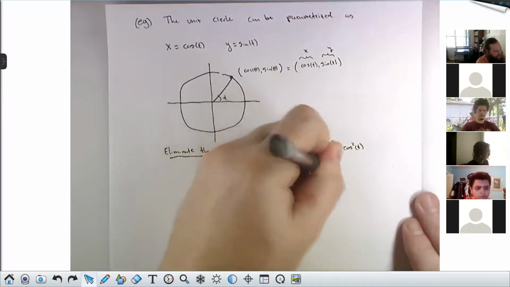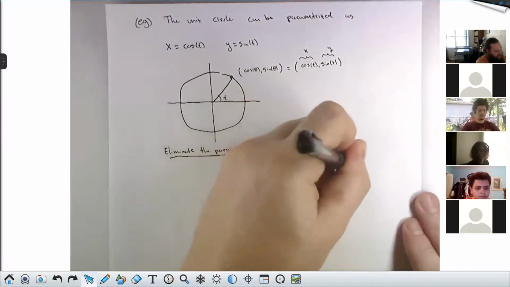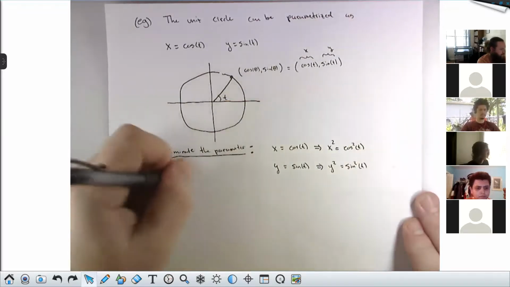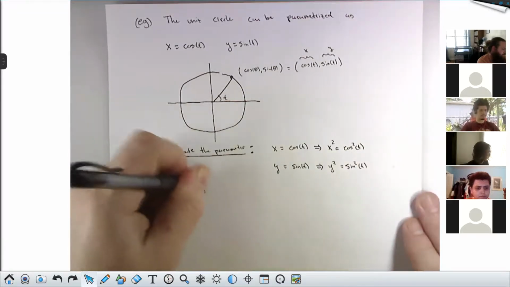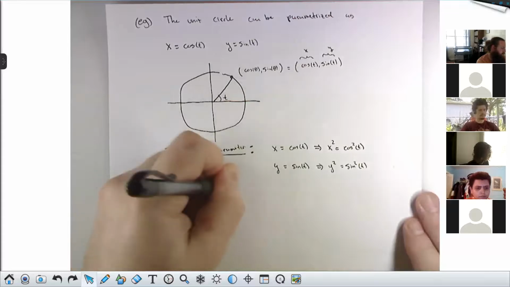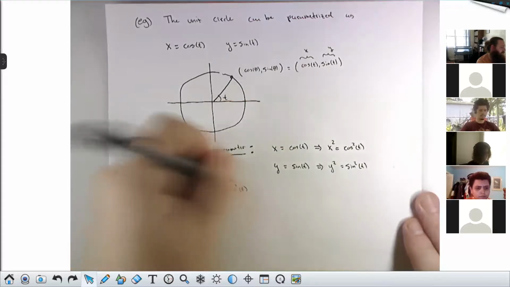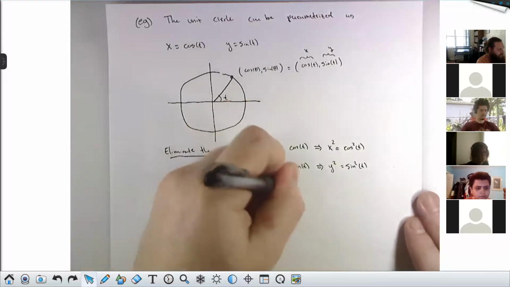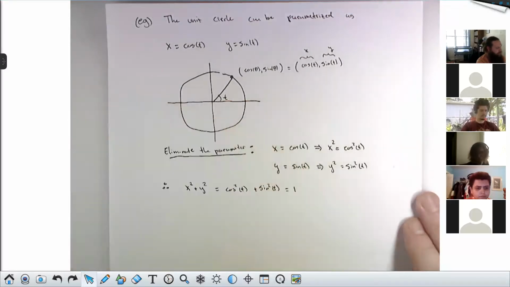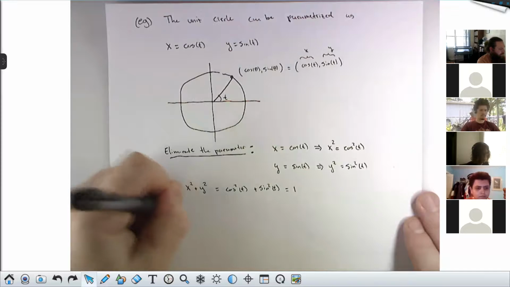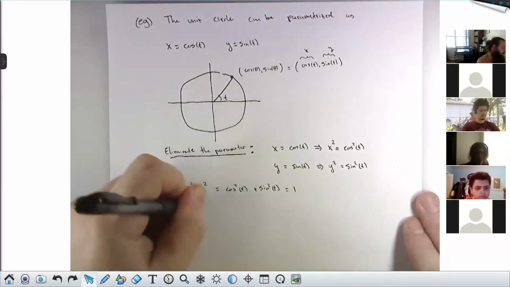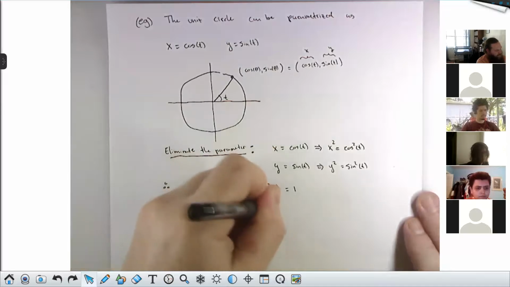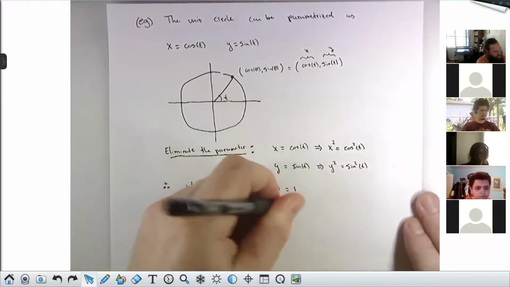So y squared would be equal to sine squared t. Therefore, x squared plus y squared would be cos squared t plus sine squared t, which by the first Pythagorean identity is 1. So you're along the curve. X squared plus y squared equals 1.